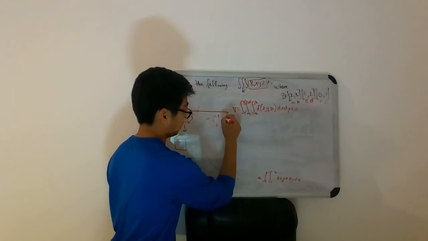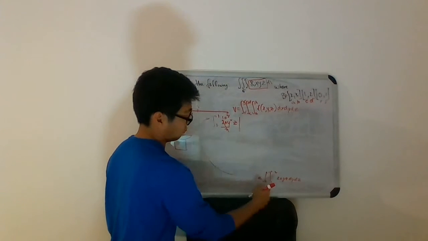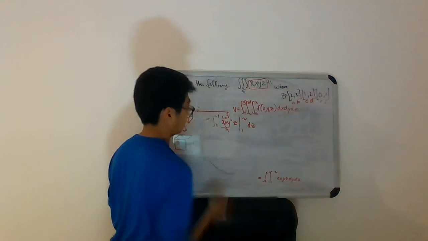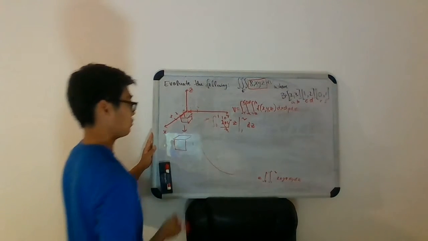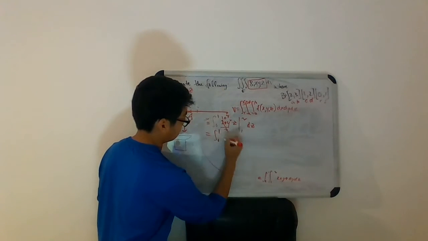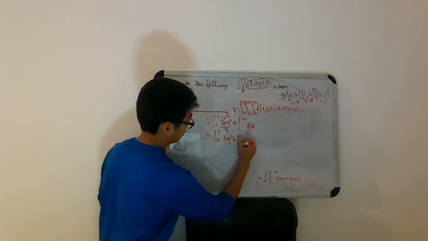So that's just 10. And then z from 1 to 2, and then with respect to z. That can be written as 10y squared z from 1 to 2, dz.